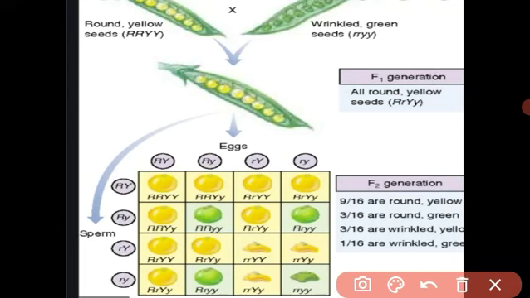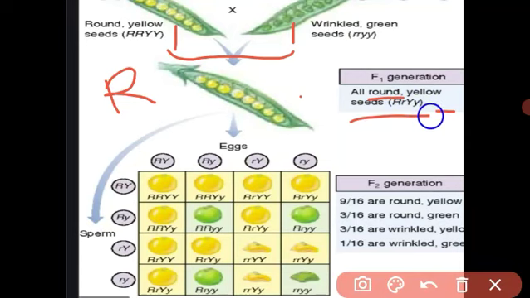Whenever he took the two F1 generation seeds, what did he do, son? He took male characters from one plant, round and yellow, and female characters from another, and did self crossing. It is a self-pollinated plant, and when it is pollinated and fertilized, this plant has all round and yellow seeds.